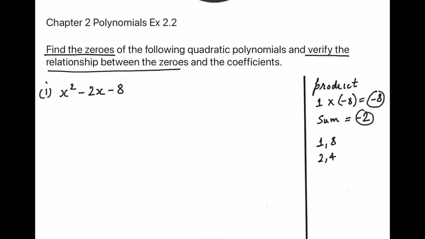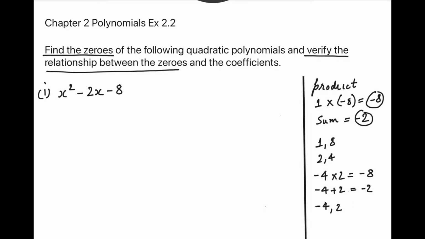Whereas if we look at 2 and 4, the product can be 8 and their sum can also be 2. So if we take minus 4 and 2, if we do minus 4 into 2, we would get minus 8. And if we do minus 4 plus 2, we get minus 2. So we have got two numbers, minus 4 and 2, using which we can factorize this polynomial expression.